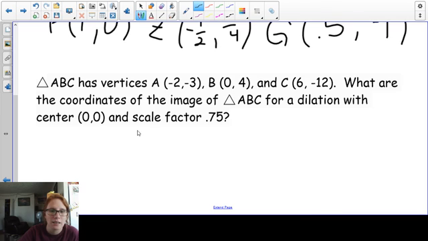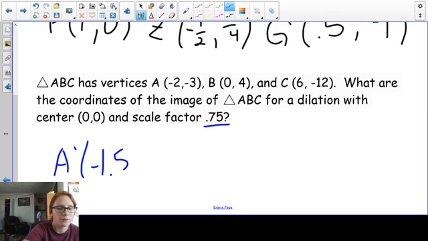Okay, this next one, we're going to have different points, and we're going to dilate it by 0.75, which means we're going to take everything times 0.75. So -2 times 0.75 gives me -1.5. So A prime is at -1.5, -2.25.